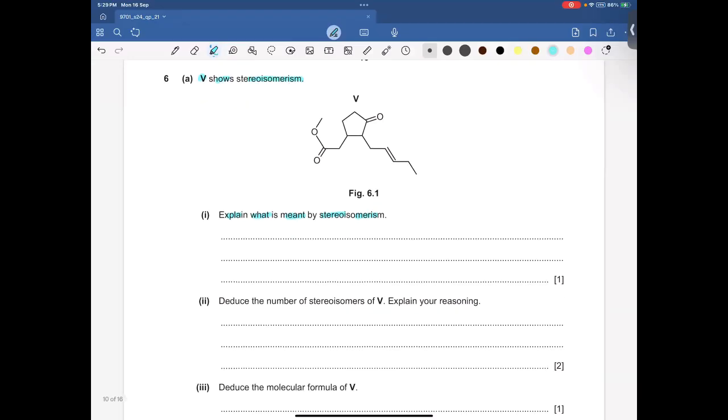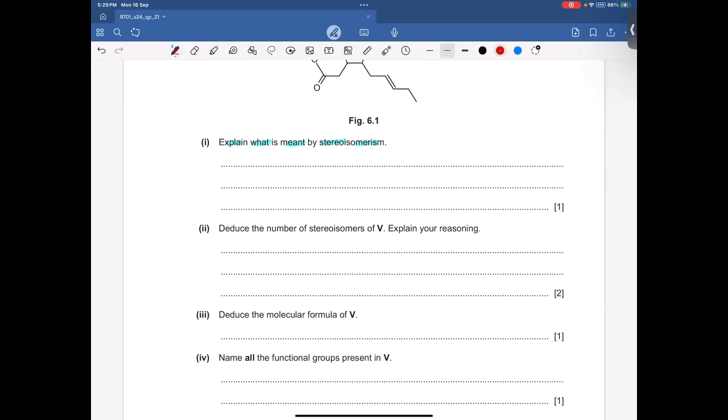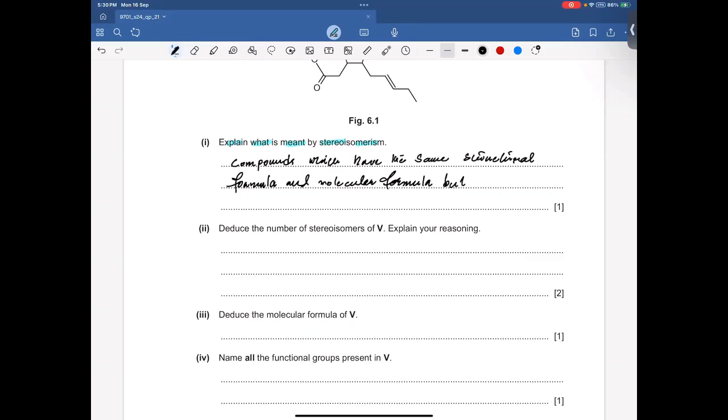Stereoisomerism: compounds which have the same structural formula and molecular formula, but different arrangement of atoms in space, which is also called different spatial arrangement. Spatial, S-P-A-T-I-A-L, spatial arrangement of atoms.